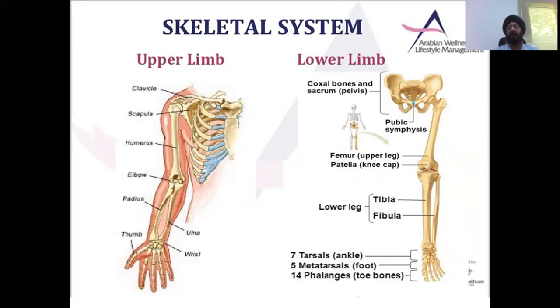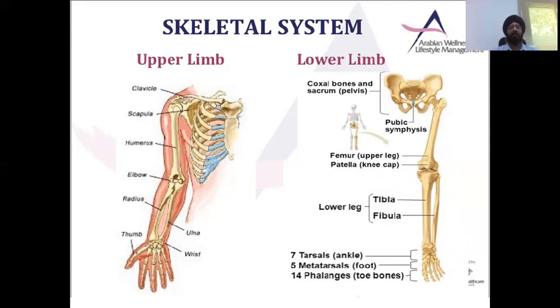And ulna, which is on the medial side, is in line with the little finger. After the lower arm is the wrist and the palm. Wrist is made up of small bony structures known as carpals, and connects to the palm, which is made up of metacarpals.